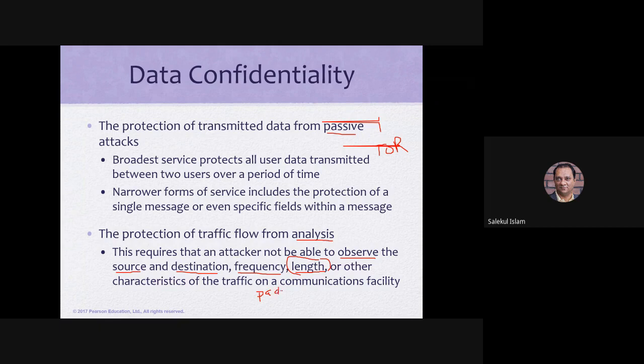Say we can say, okay, every traffic will be length of 1000 bytes. So if this is less than 1000 bytes, padding will add some extra bytes and convert the traffic to 1000 bytes. So the attacker cannot understand the actual length of the traffic.